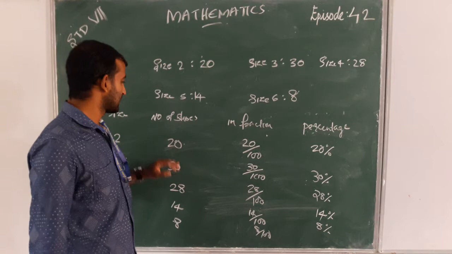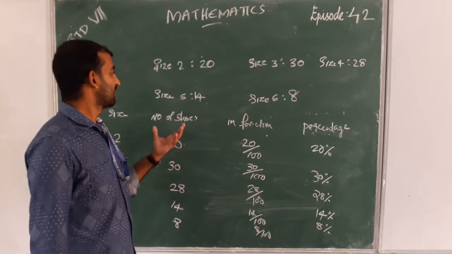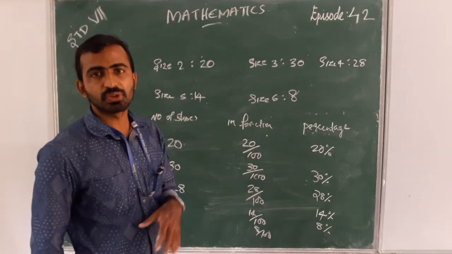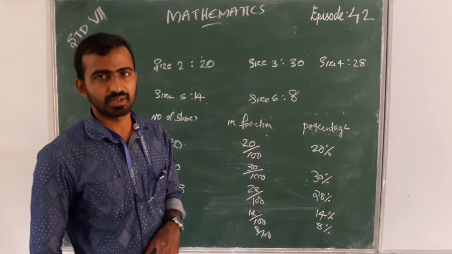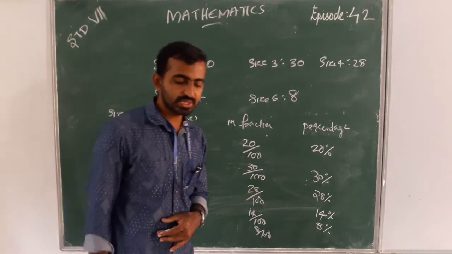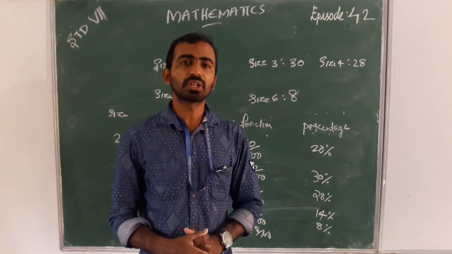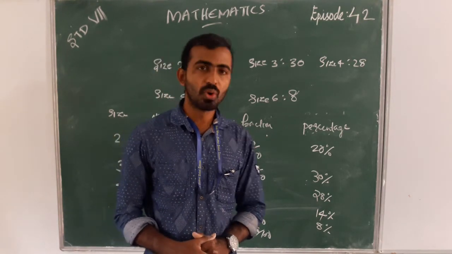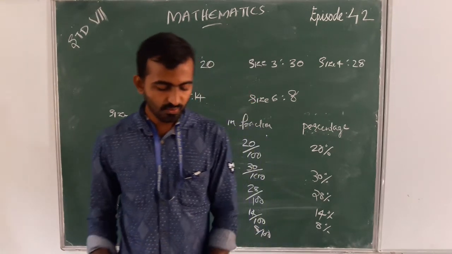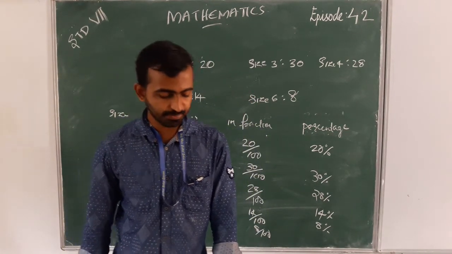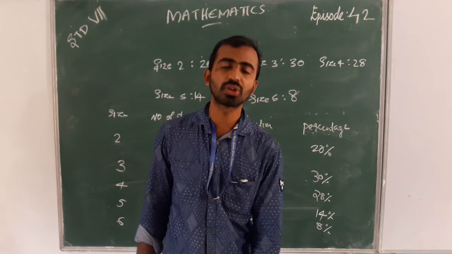When we add the number of shoes, or in the earlier questions, we get the sum is 100. Next we are going to discuss when the sum is not 100. That is percentage when total is not 100.